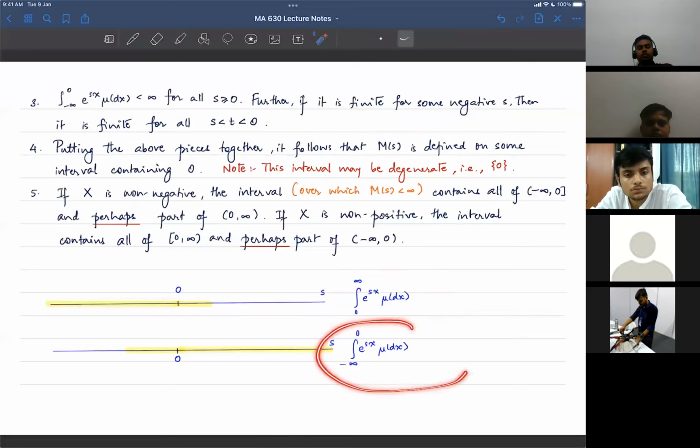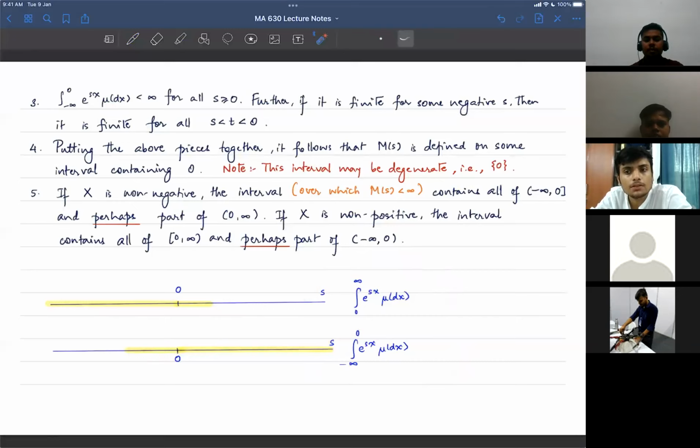Similarly, this integral is finite for all s greater than 0. If it is finite for any negative number here, it's finite for any negative number smaller in magnitude. So for both these integrals to be finite, you can imagine what the domain should look like. It should look like an interval, right? If you look at the intersection of the two highlighted parts, it is basically an interval.